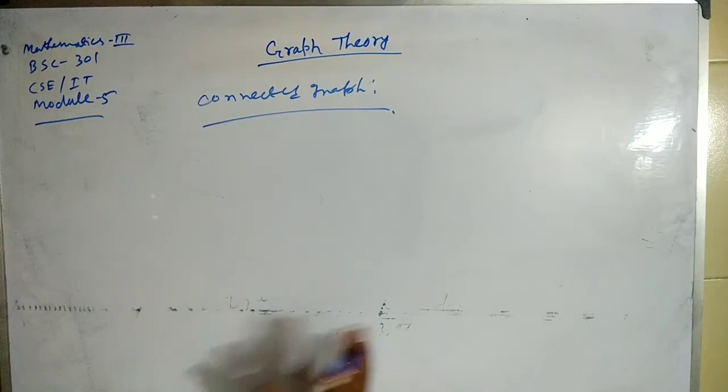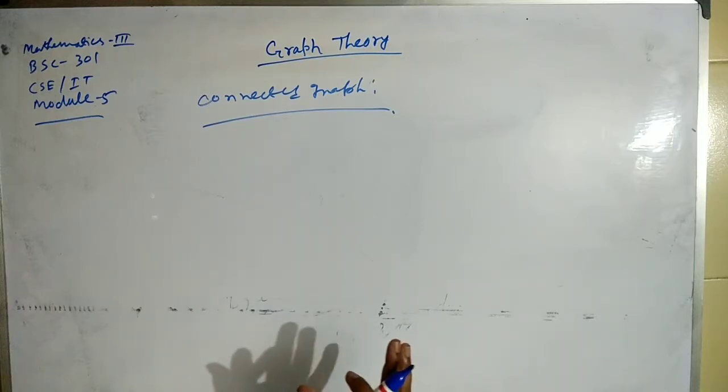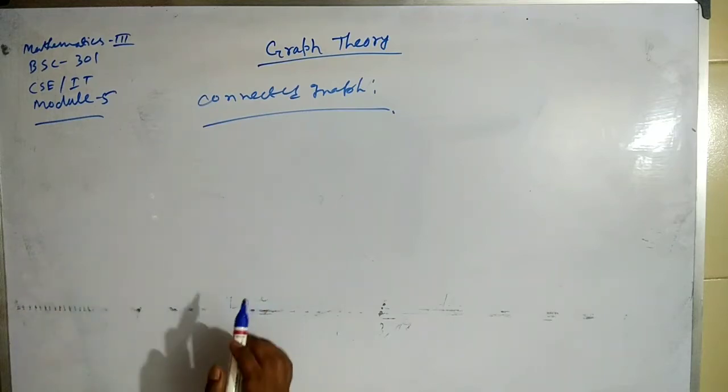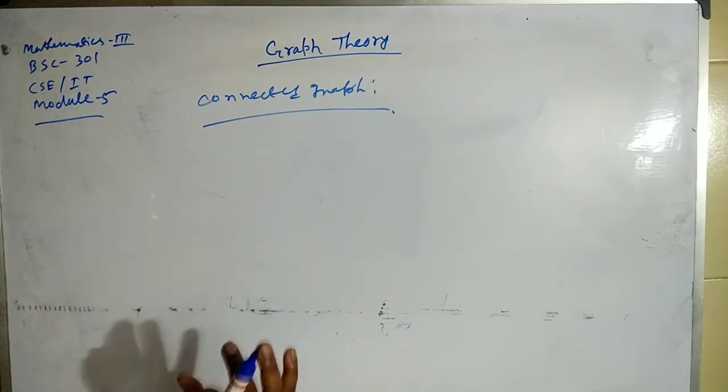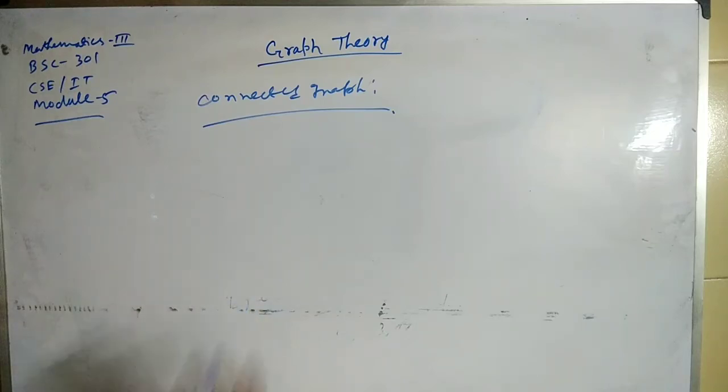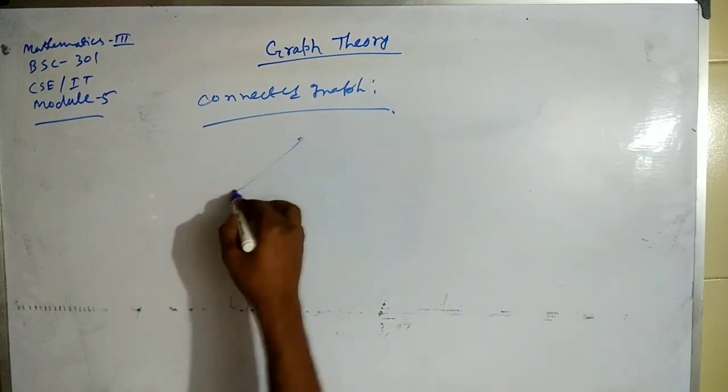An edge is not identical with a path, so don't be confused. A connected graph means there is at least one path between every pair of vertices.